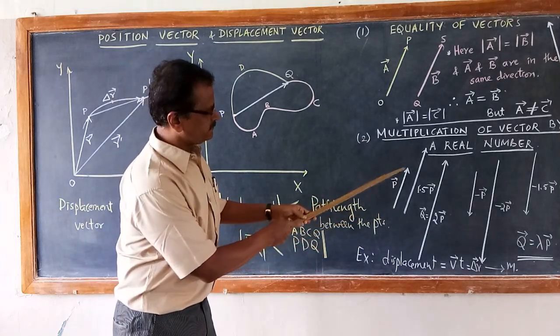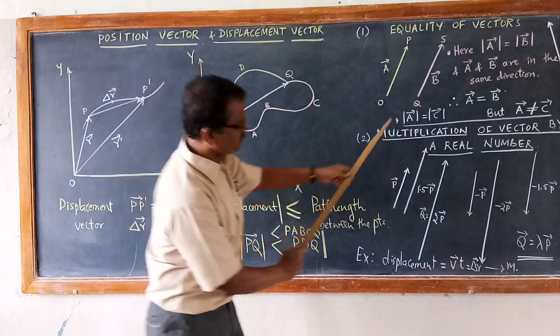This is vector P, which is having one particular direction.